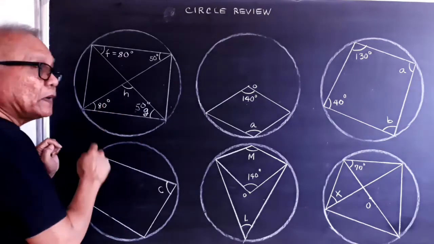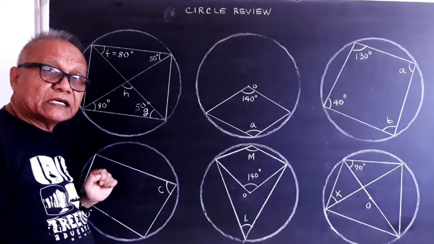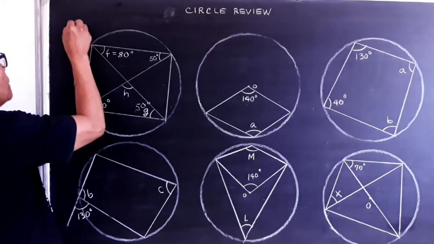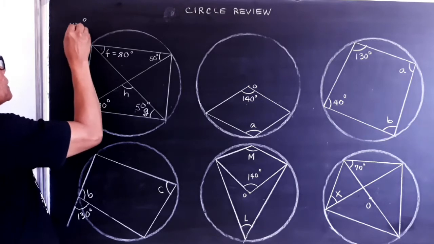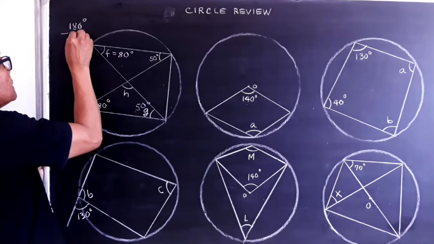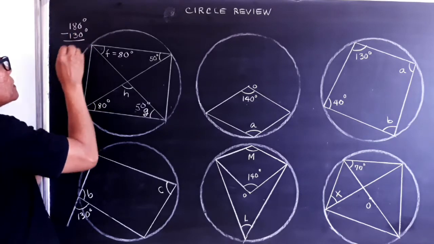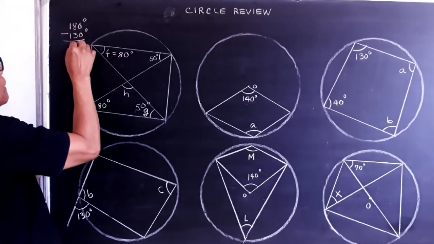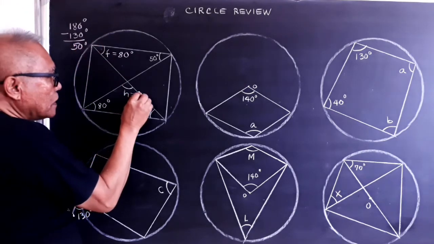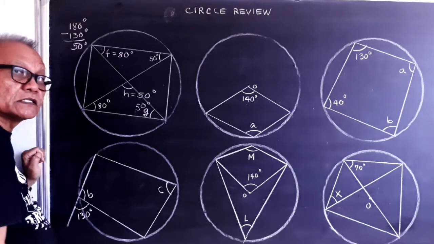So 50 plus 80 is 130 degrees. So we just have 180 degrees, the whole thing, minus 130 degrees. So here also we have 50 degrees. So this one is also 50 degrees.